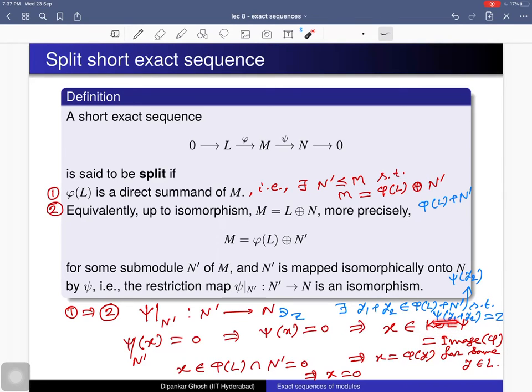So, psi of y1 is just 0. Therefore, psi of y2 is the same as z, and that means you have a pre-image, namely y2, and that maps to z. So, this map is surjective also.